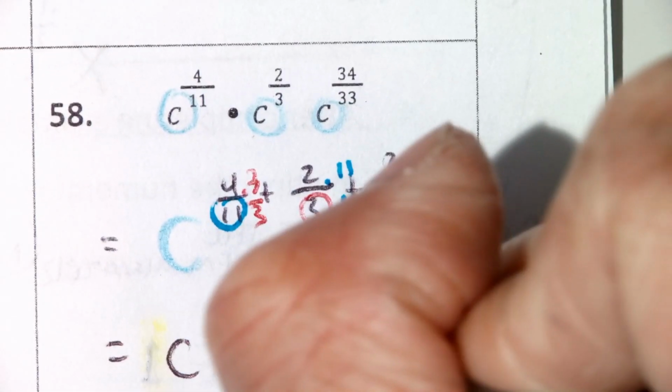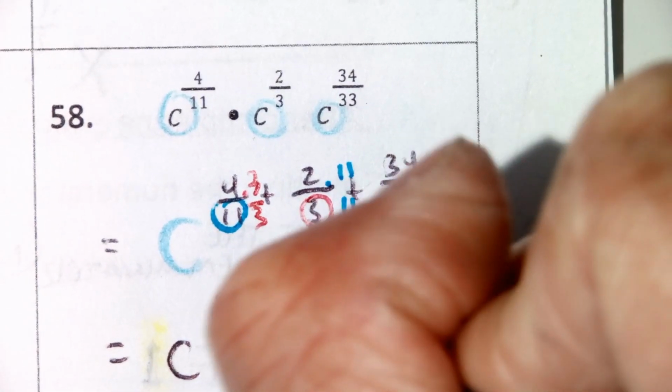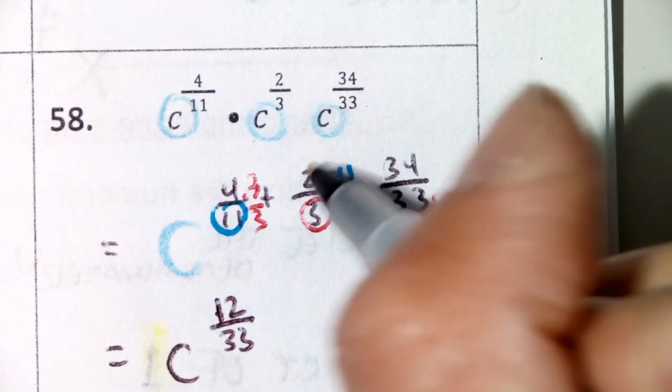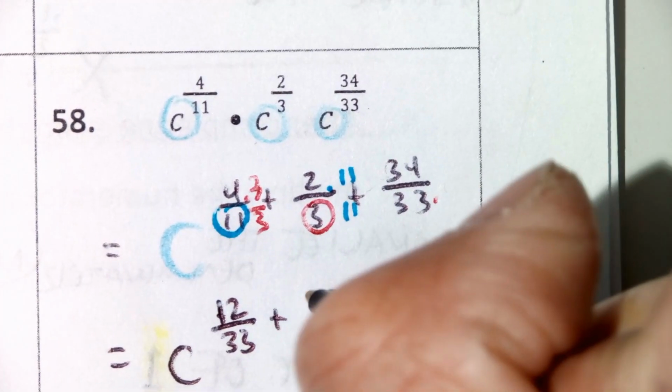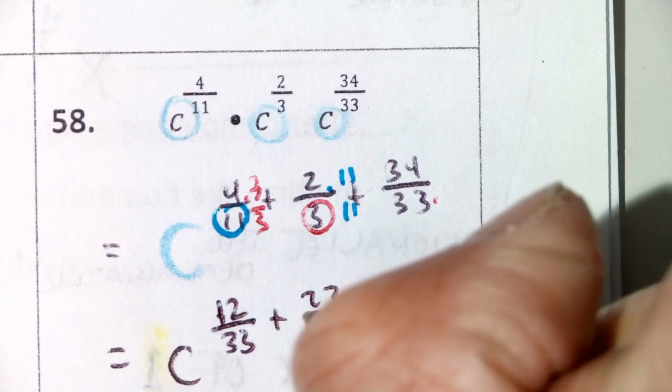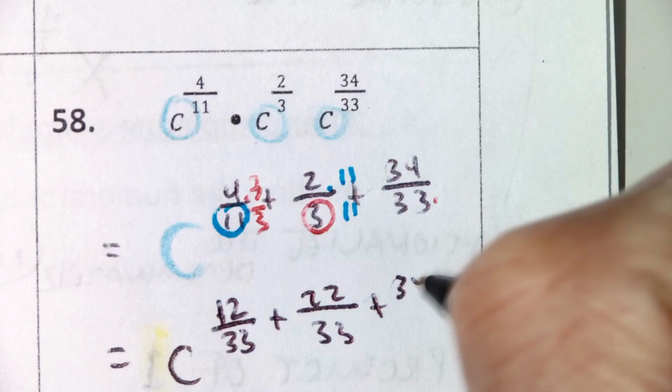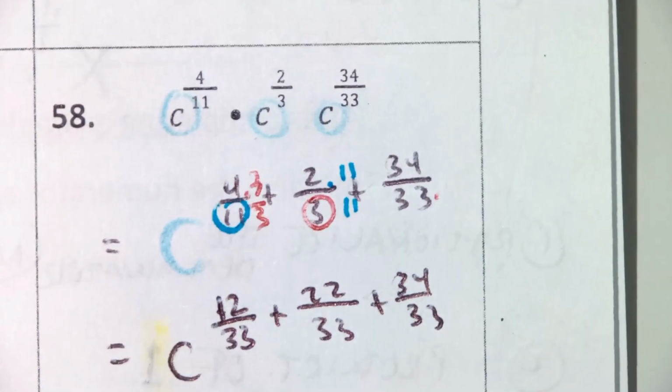Okay, so now we get 12 over 33. This one will be 22 over 33. And that one will be 34 over 33.